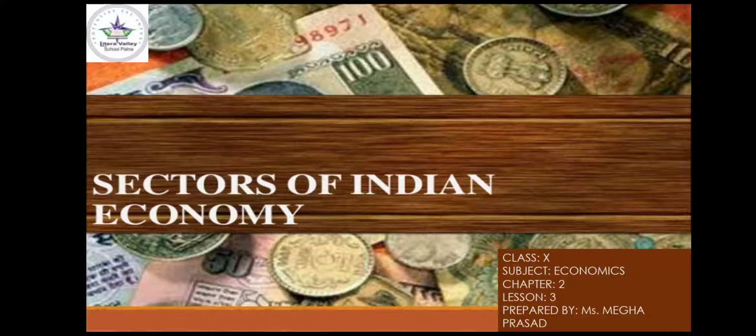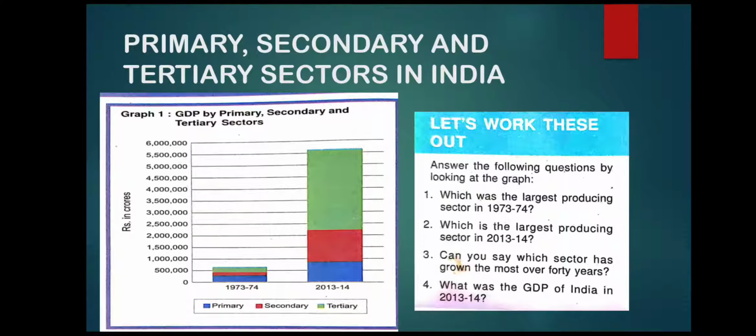They start adding more GDP to the economy. Their contribution is much higher than the primary sector. So the topic for today is primary, secondary and tertiary sectors in India.